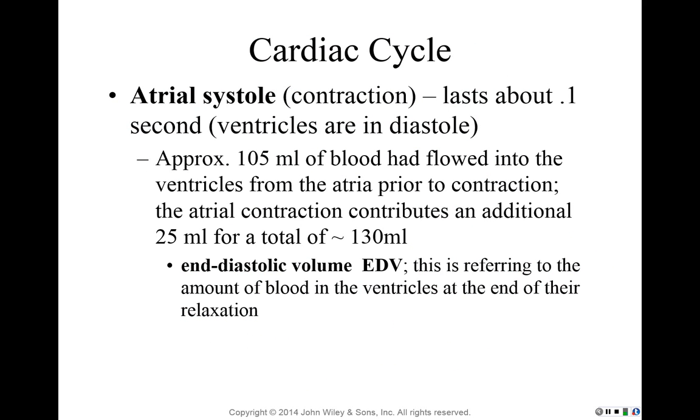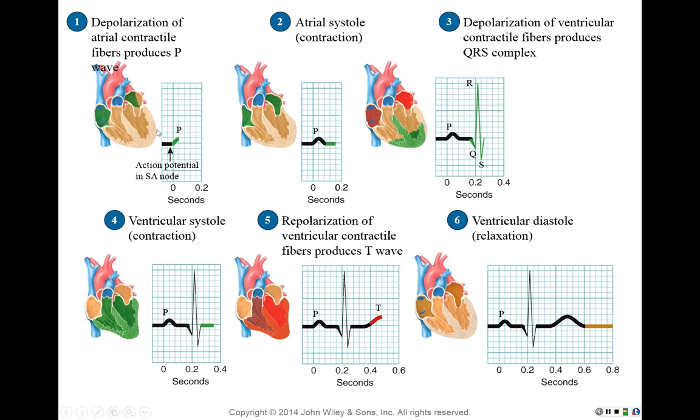I think I gave you those terms in class already. Systole means contraction. Now, it lasts about 1/10 of a second. At the time that the atria are contracting, the ventricles are relaxing. So if we drop back up to this picture, at the point at which the atria begin to contract, we're coming in on the P wave, the AV valves are open and the ventricles are relaxed.